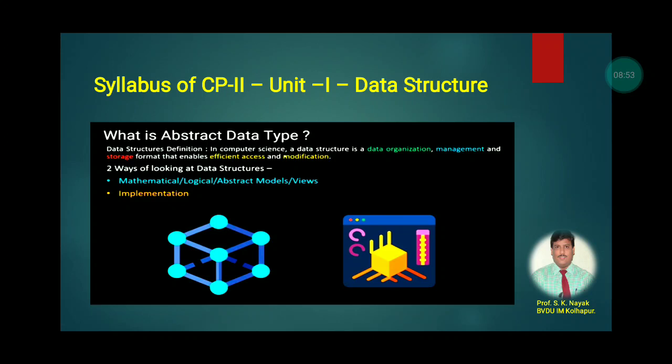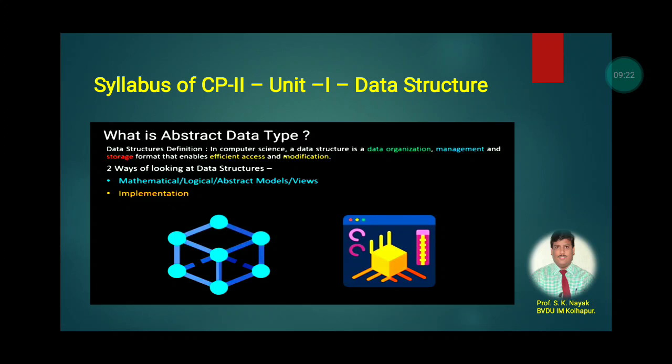The second thing is we have to modify the data. Sometimes we need to modify the data so that the data can be accurate, valid data. So at that time there may be chances of modification. Now when we are using abstract data type, there may be chances of accessing the data efficiently and modifying the data properly.